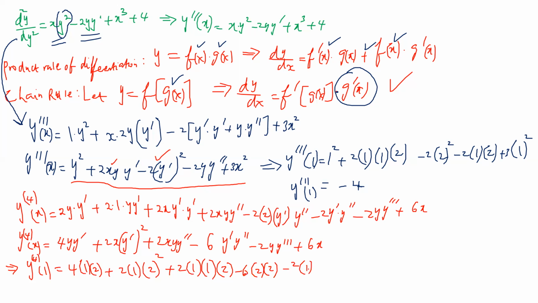Y triple primed, we got it to be minus 4, plus 6, x is 1. Okay, we must just add everything here now. 4 by 2 is 8, and then this one is 2 by 4, which is also 8. 8 plus 8 is 16. 16 plus 4 is 20. 20 minus 24 is minus 4.